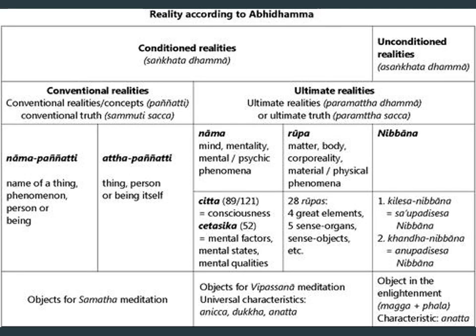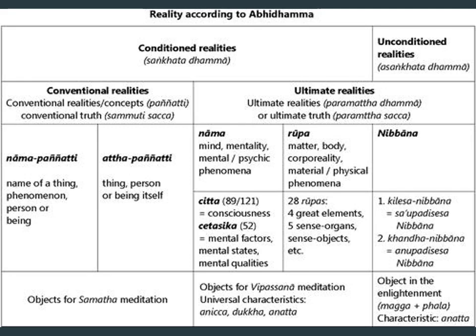And then for Cetasika, 52 kinds, right? 52 classes of mental factors, mental states, or mental qualities. And then for Rupa, we have 28 Rupas: 4 great elements, 5 sense organs, sense objects, etc. All right, so let us take a look at this further.